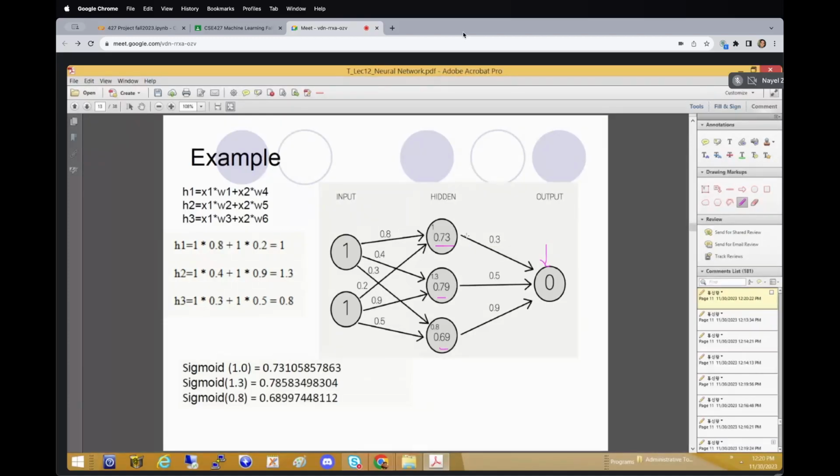In that case, we have to apply the linear combination of the sigmoid of the hidden layer values and the weights.